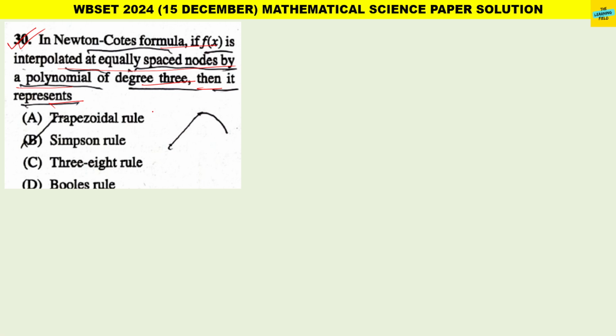You all know that exactness for polynomial of degree 1 is trapezoidal, degree 2 means exact for Simpson's 1/3, degree 3 is for Simpson's 3/8 and degree 4 is for Boole's. That is, we get an exact polynomial by using Simpson's 3/8 rule. This is the answer.